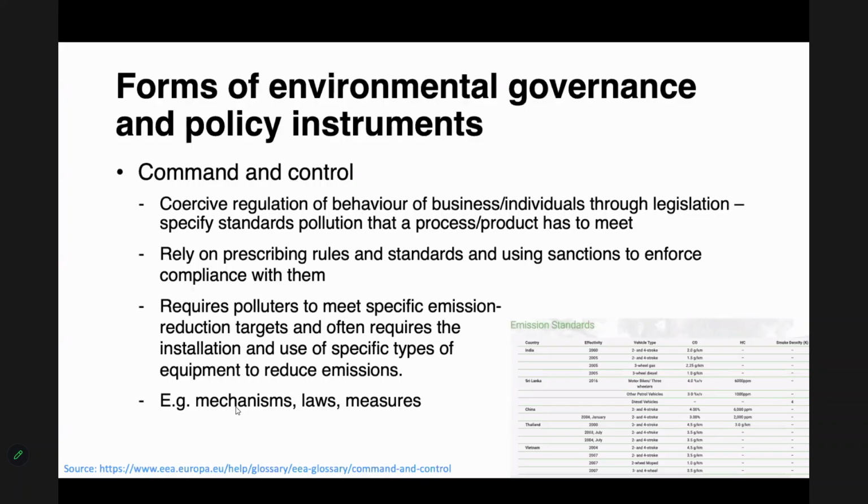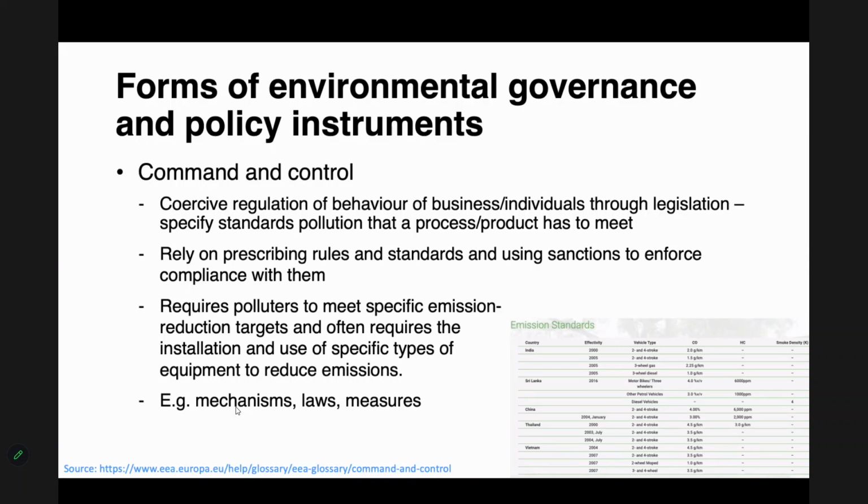To meet these targets, you might be required to install a specific equipment or use specific types of equipment. So there can be different actions that you might have to do to meet these targets.